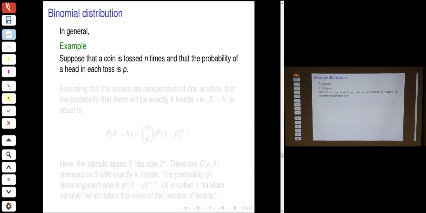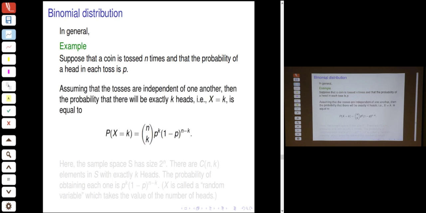So in general, we can calculate in this way. Suppose we have n tosses, and the probability of head is p. What is the probability of exactly k heads? We write it as P(X = k). I'll say more about notation in a minute. So we use P(X = k) to denote exactly k heads. The calculation is done in this way.